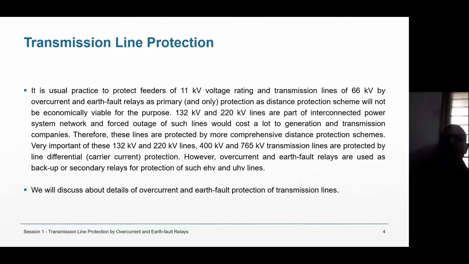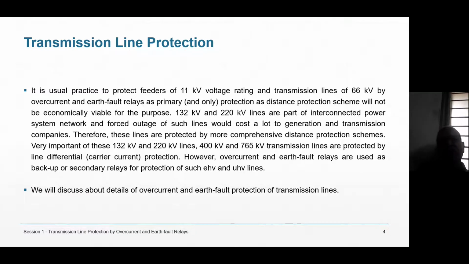As I told you, up to 66 kV we are using overcurrent relays. For 132 kV and 220 kV, we are using distance relays, but backup overcurrent and earth fault is there. At 400 and 765 kV, usually line differential relaying is preferred, but once again backup distance or backup overcurrent and earth fault is there.